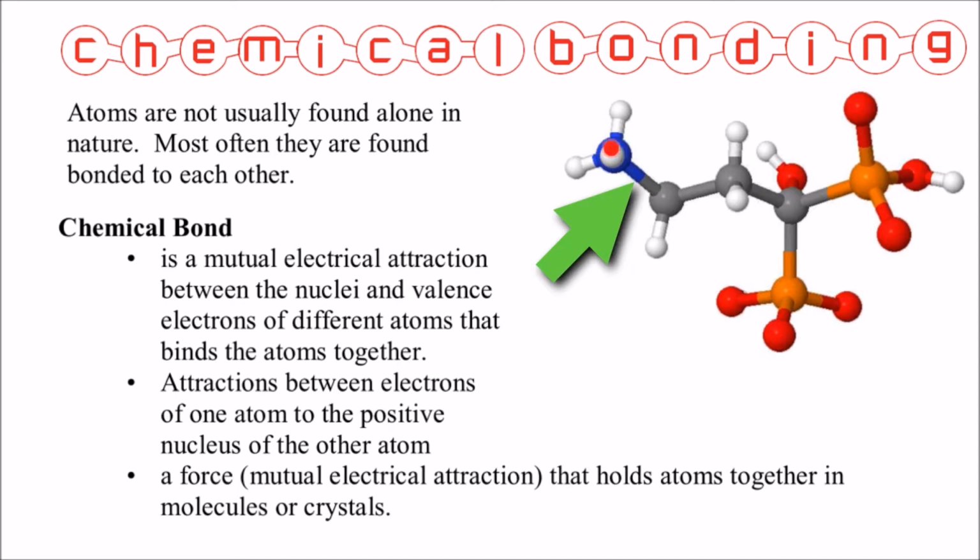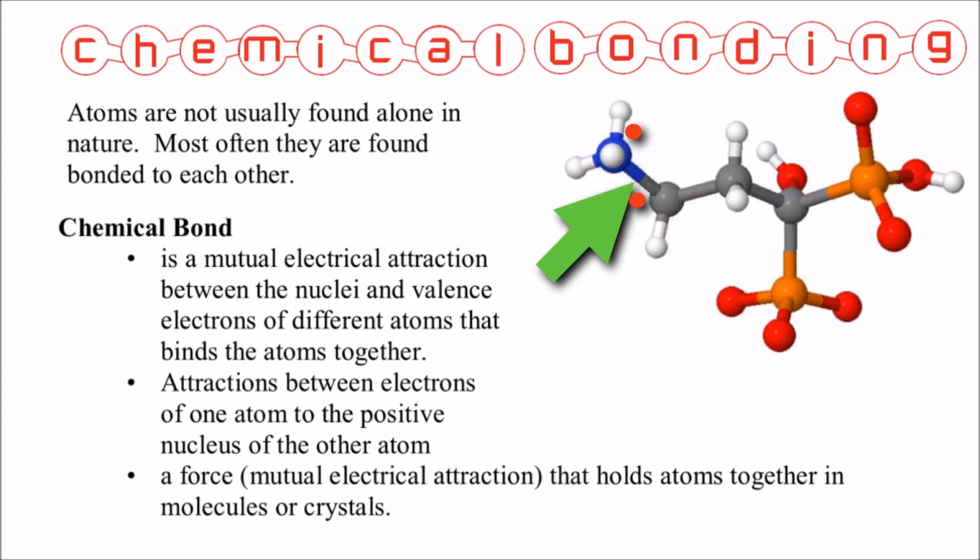Now, in the middle of this atom here, there would be a nucleus with protons in it that have a positive charge. And in the middle of this atom right here, there's a nucleus that has protons in it with a positive charge. And each of those nuclei are surrounded by electrons.